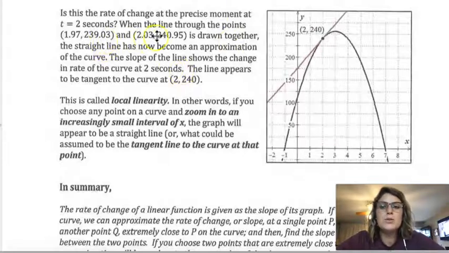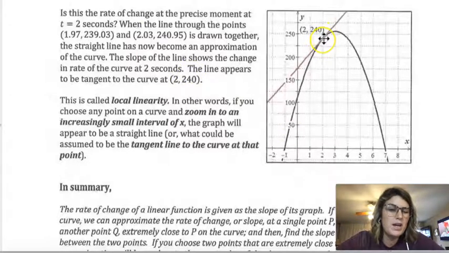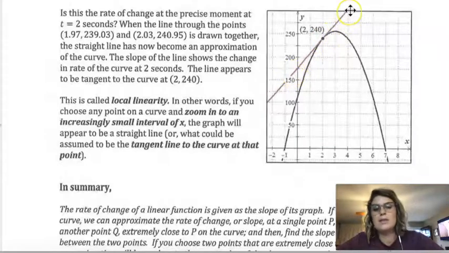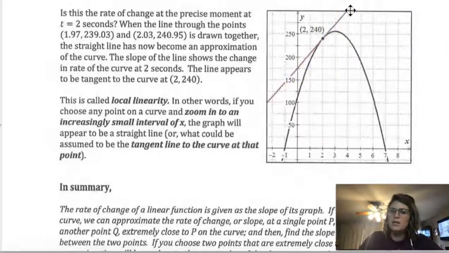So these 2 points right here, that would give us a secant line if we were to draw those together. And then at 240, like right here, that is where that tangent line goes right through it. So it says, this is local linearity.